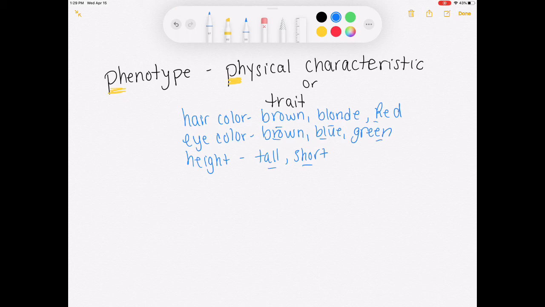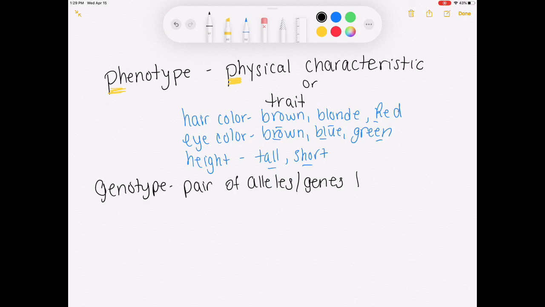Now, the other word is genotype. Your genotype is the pair of alleles or genes that code for the trait. The way I like to think about this is genotype, genes.